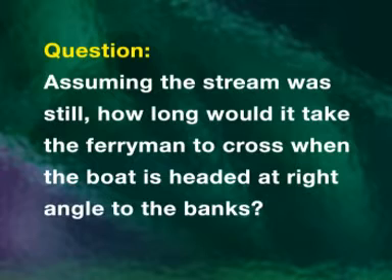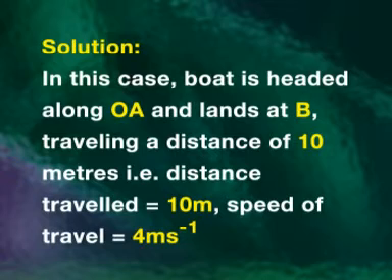Assuming the stream was still, how long would it take the ferryman to cross when the boat is headed at right angles to the banks? In this case, the boat is headed along OA and lands at B, traveling a distance of 10 meters. Speed of travel equals 4 meters per second.